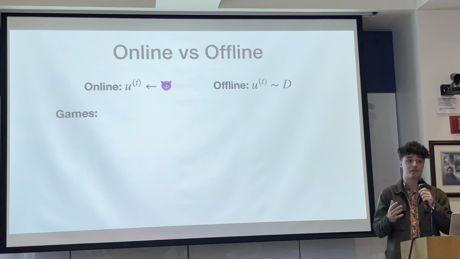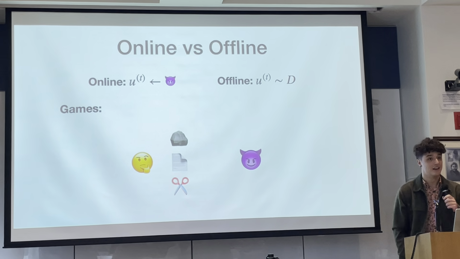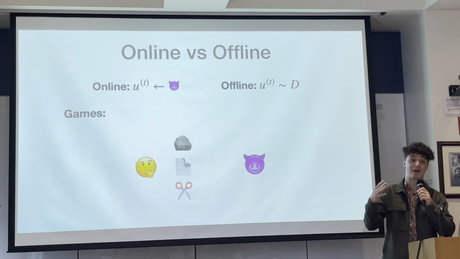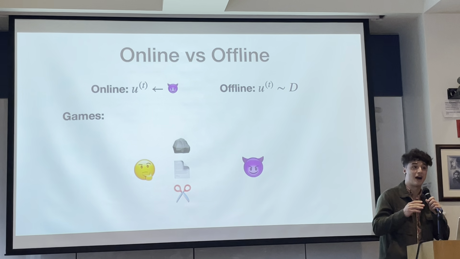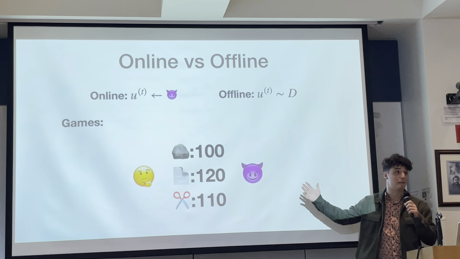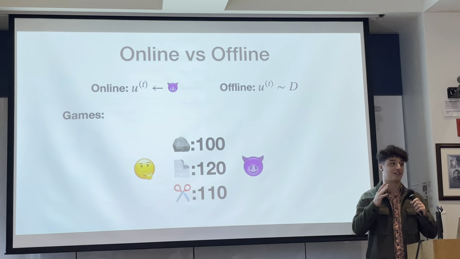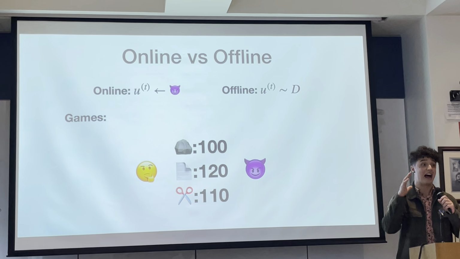Like, let's talk about games for a second. Let's say we're playing rock, paper, scissors against an adversary. So we could take an offline learning approach to this and be like, all right, I know how to play rock, paper, scissors. I'm going to look at the history of what's been played by the adversary. And then I'm going to assume that the adversary is selecting these actions IID.